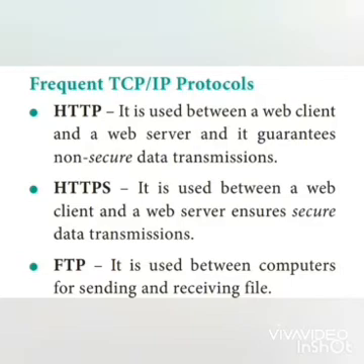Here it provides secure data transmission because the full form of HTTPS is Hypertext Transfer Protocol Secure. So it provides a guarantee for the data transmission. The next one is FTP, that is File Transfer Protocol. It is used between computers for sending and receiving the file.